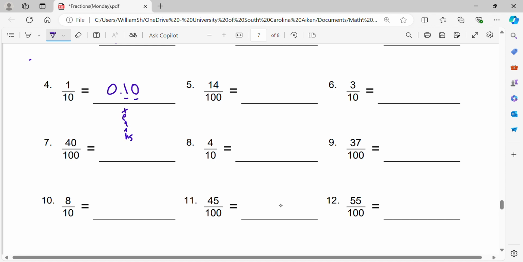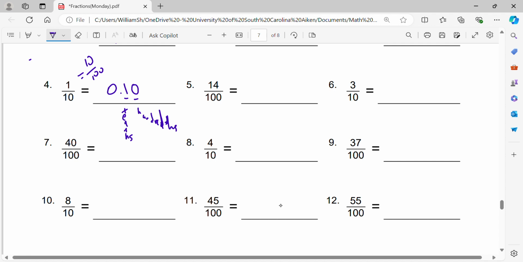The 0 is in what we call the hundredths place. 1/10 means there's a 1 in that tenths place, whereas if we had converted this to 10 out of 100, that would mean there's a 10 in the hundredths place.